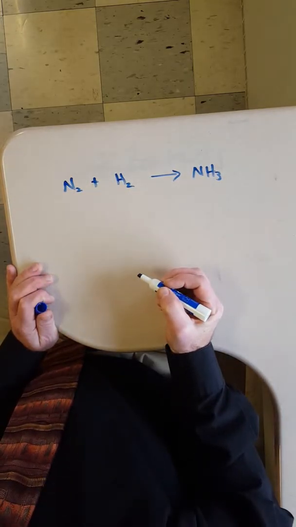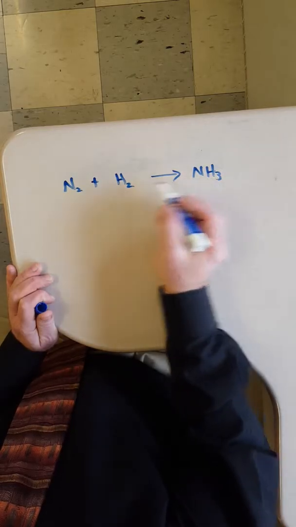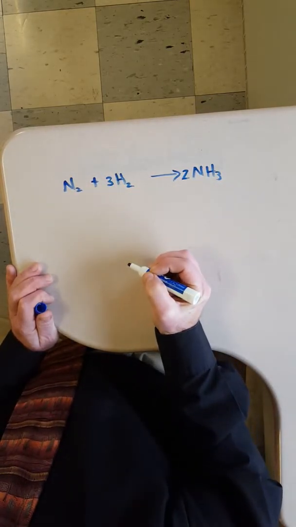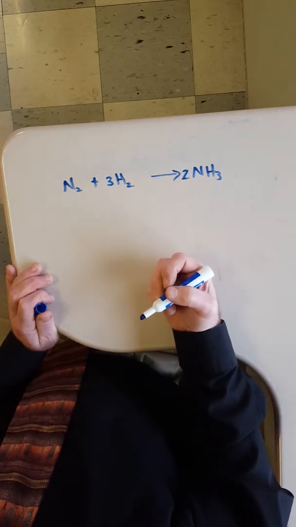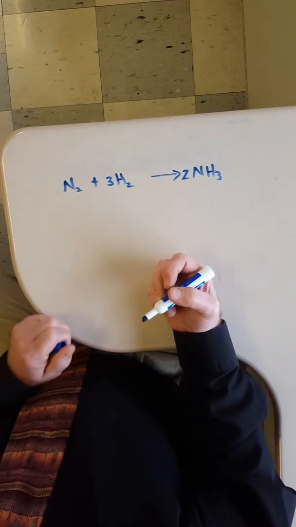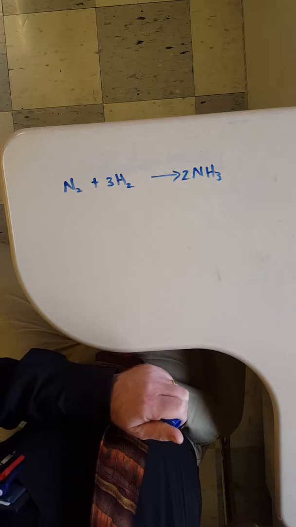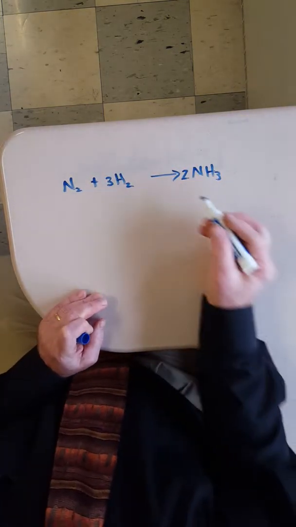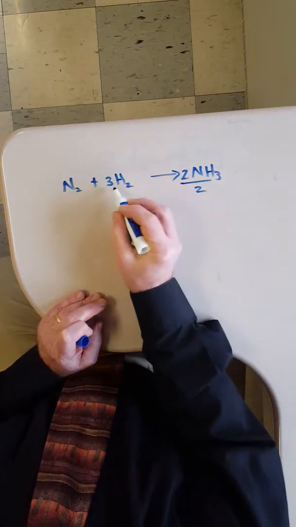Well, if I try to balance that equation, I'll see I've got a 3-2 situation here. I put a 2 here and a 3 here. Well, now I'm forming 2 moles. That's not what the numbers in our supplemental reference table are listed as. This is per 1 mole. So if I want to form 1 mole, I would divide everything by 2.